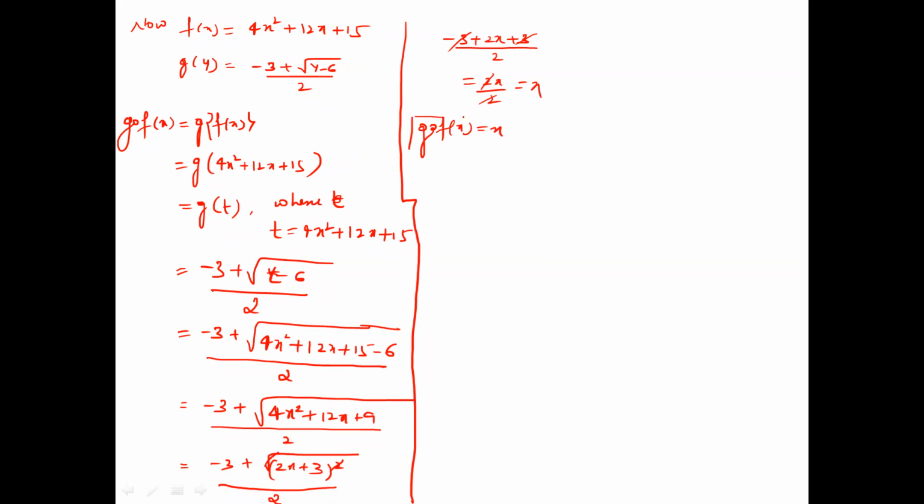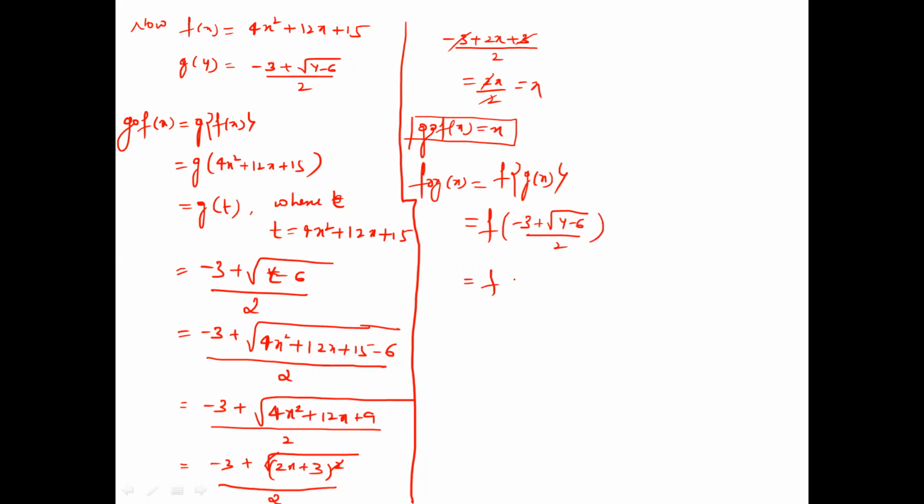Now we have proved one condition. Next, we have to prove f composition g of x. f of g of x. Now f of, what is the g of x value? Minus 3 plus root of y minus 6, divided by 2.